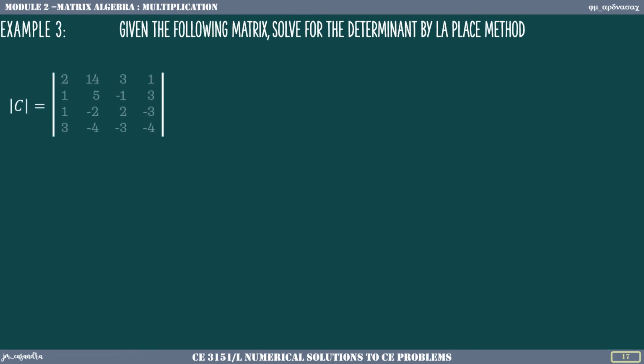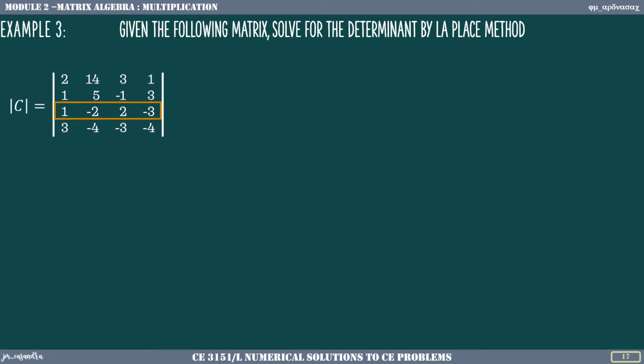So we have example number 3. We're given matrix C, which is a 4 by 4 element. So we choose any column or any row that is convenient for our solution. In this case, I'll be using the third row.